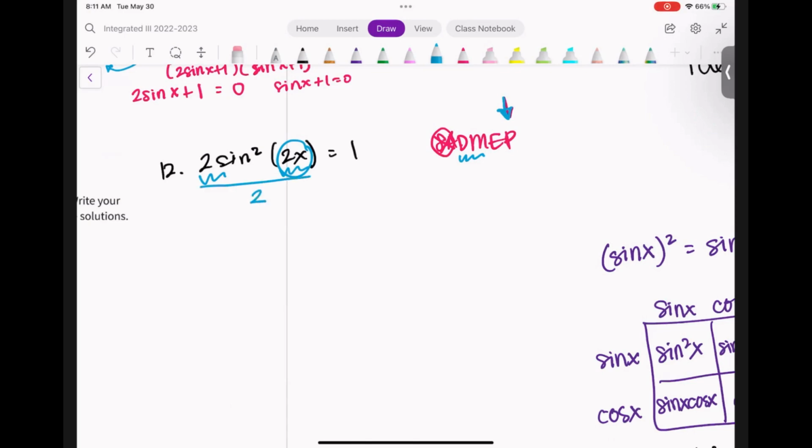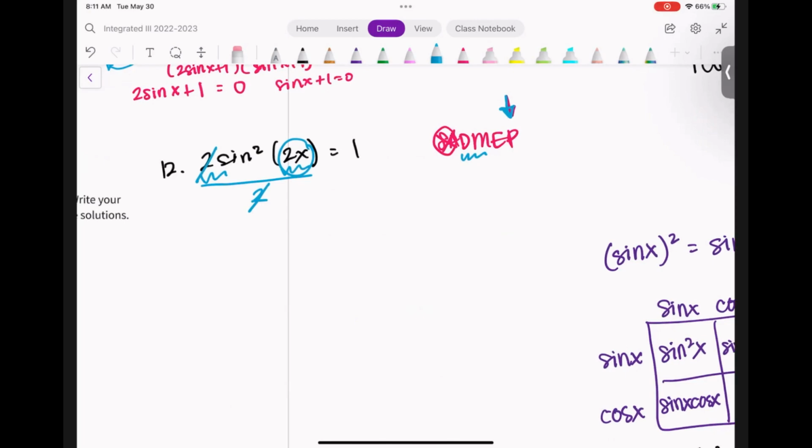This divided by 2 does not get rid of the 2 inside the parentheses. It divides out in front, because 2 sines divided by 2 gives me 1 sine. Does that make sense? So 2 sine squared 2x divided by 2 just divides out. Then I get sine squared 2x equals 1/2.